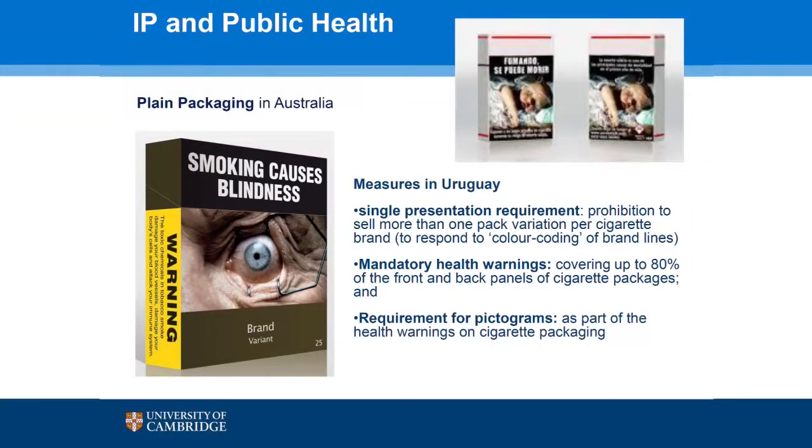Now, plain packaging is the idea that, as you will see on the slides as an example, there will be hardly any place for brands or logos on the packaging of tobacco products.